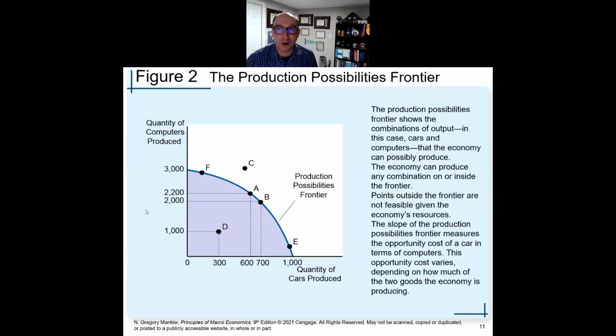So in looking at the production possibilities frontier graph, here's what we have. We can see that there are maximum points of production. This graph, from an example, shows us a combination of things.